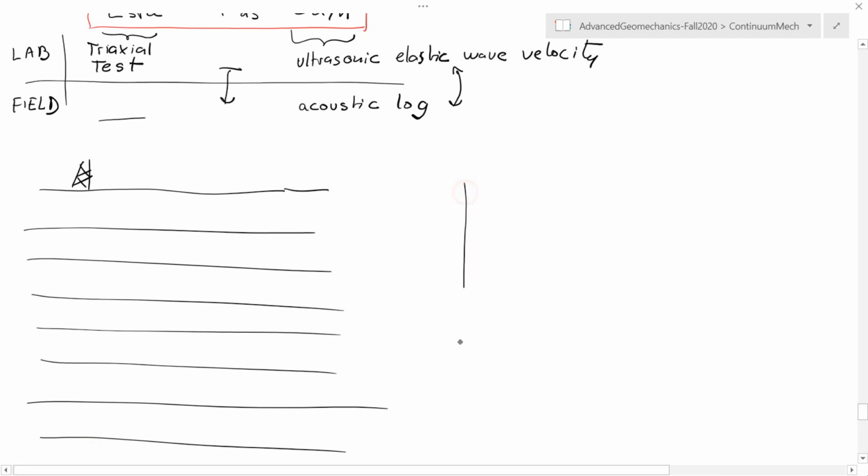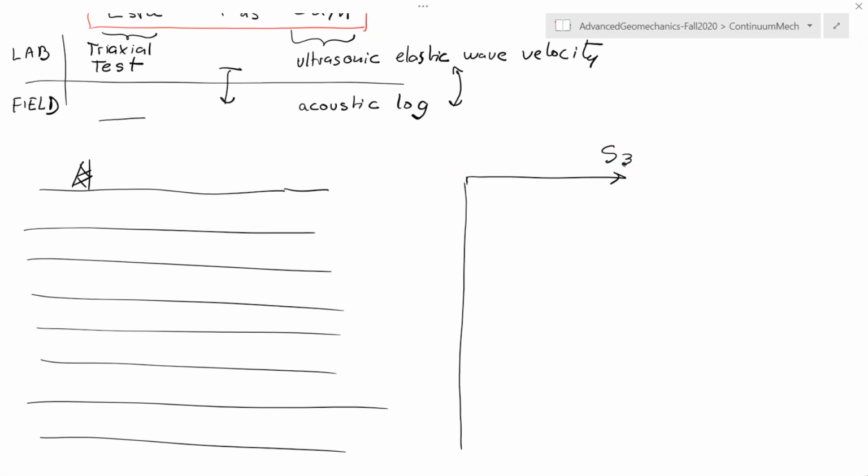Then if we want to predict what the horizontal stress is and what that containment is, what we will have to do is build a model that predicts the minimum total stress at a given site.